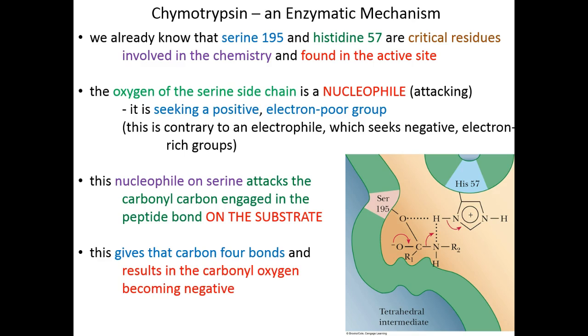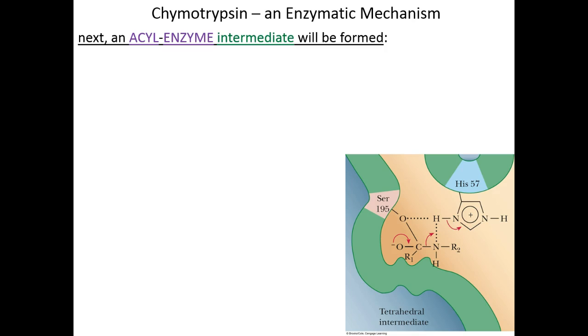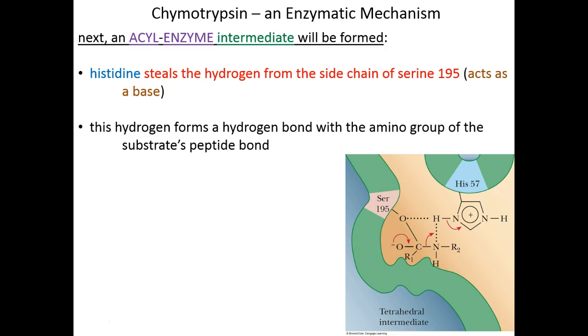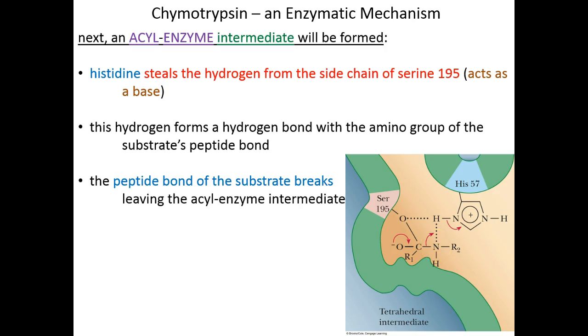So that carbonyl oxygen being negative and being so unhappy and so unsatisfied is going to launch its own attack. Getting ahead of myself, keep in mind histidine has held on to that hydrogen from serine. And that hydrogen is now making a hydrogen bond with the nitrogen on the other side of the peptide bond in the substrate.